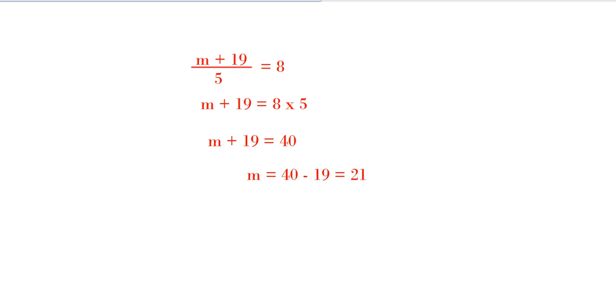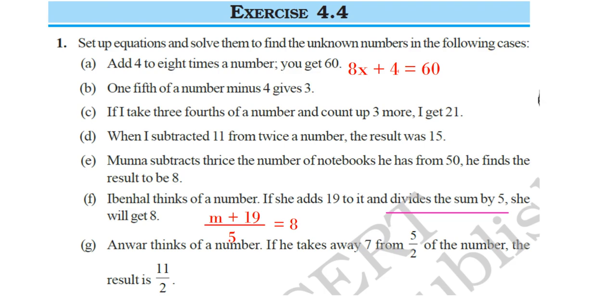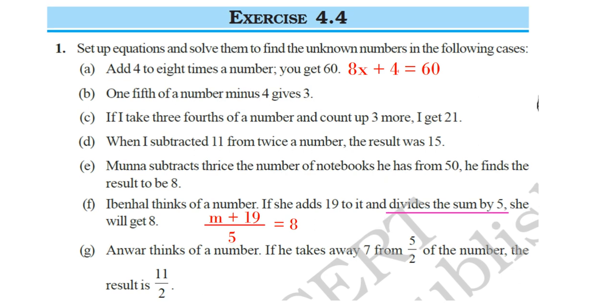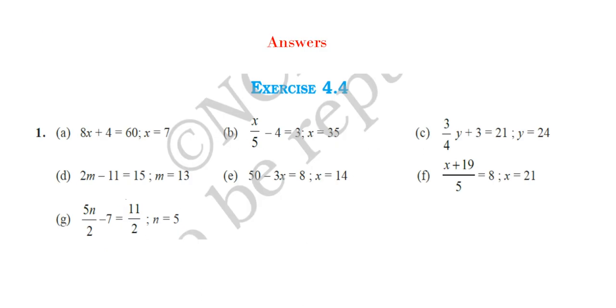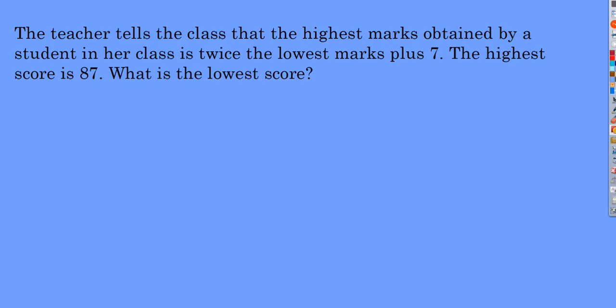That is m is equal to 40 minus 19 is equal to 21. So what is actually m? m is a number. So we can write the conclusion as the number is equal to 21. Here are your answers. Do verify yourself. Now let us look at some problems which come in our day-to-day life.